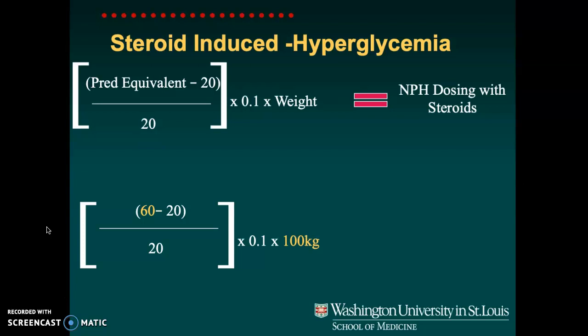I'll give you a moment to do that math yourself. You should be ending up with 20 units of NPH that's going to be given with the patient's prednisone dosing.